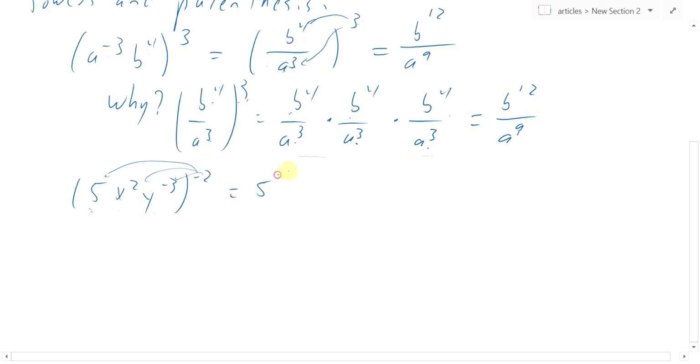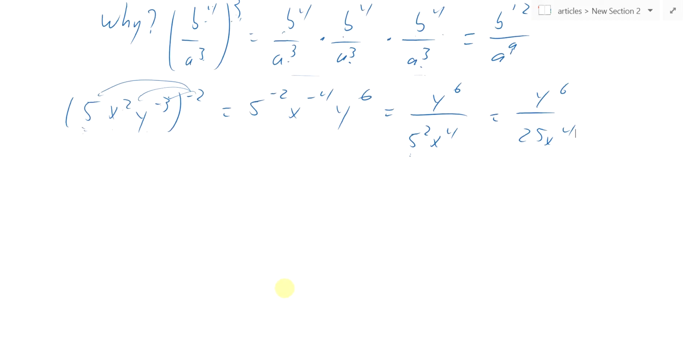So it's a 5 to the minus 2, and x to the minus 4, minus 2 times 2, times y to the plus 6. Minus 2 times minus 3 is 6. So the y stays up, the 5 squared, x to the 4th goes down. 5 squared we know is 25x to the 4th.